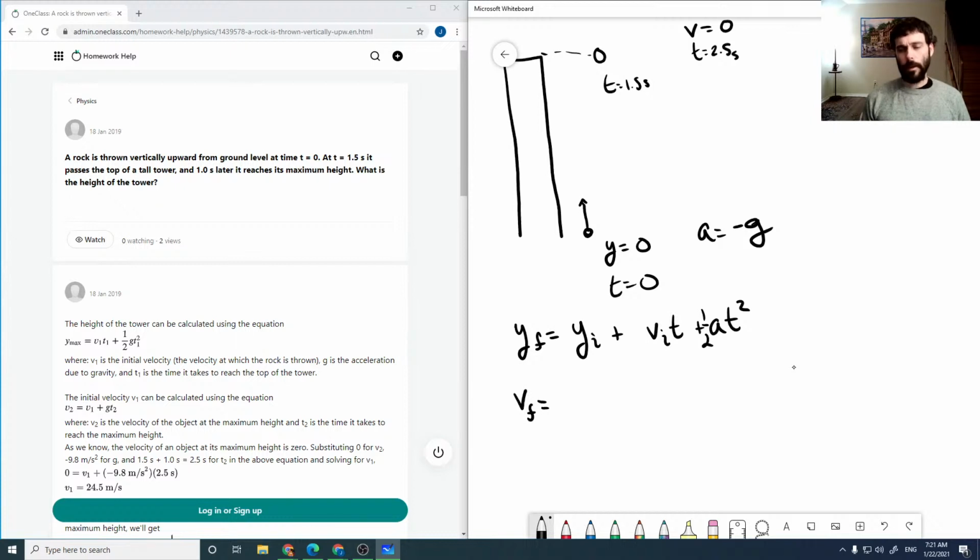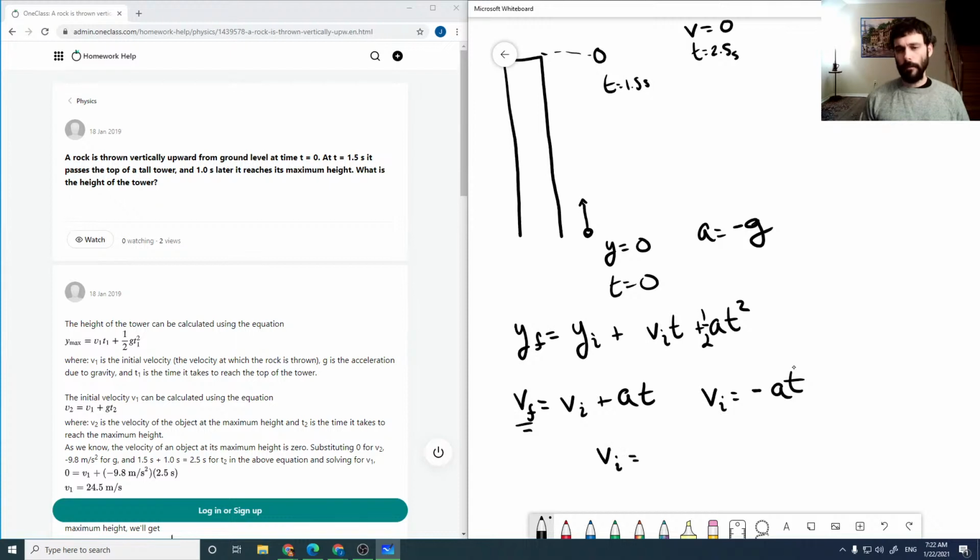But if I look at my velocity equation, v_f is v_i plus a t. This one we do have. We don't have our v_i, but we know our v_f at the 2.5 second mark. So we could say that our v_i is minus a t.